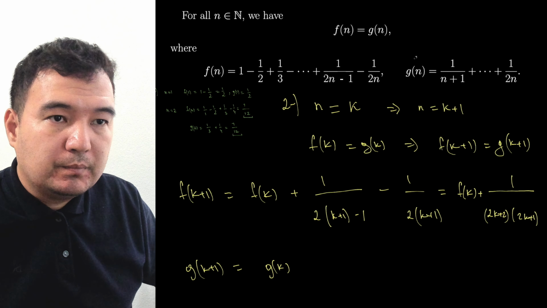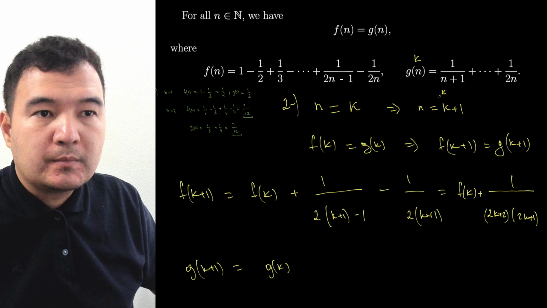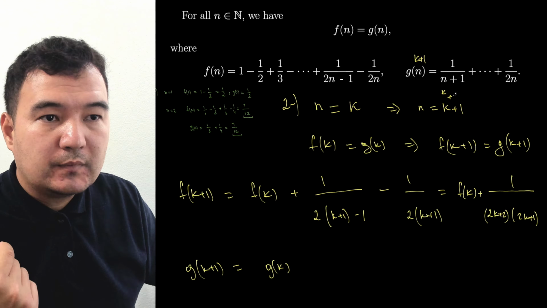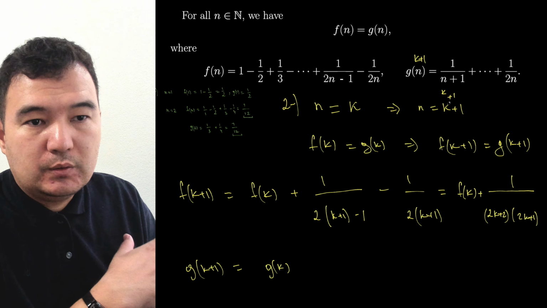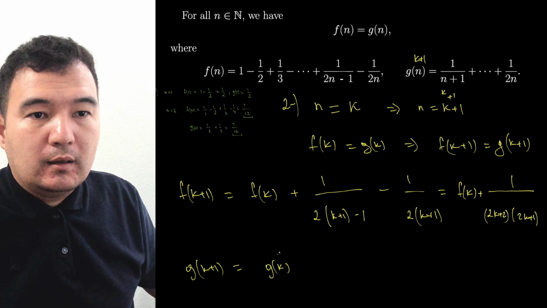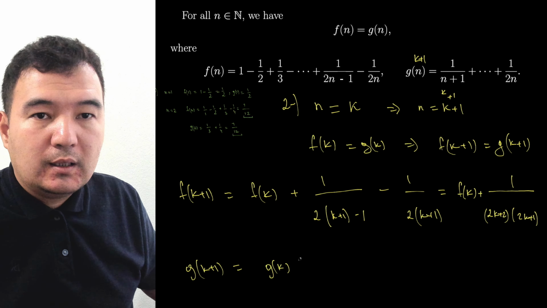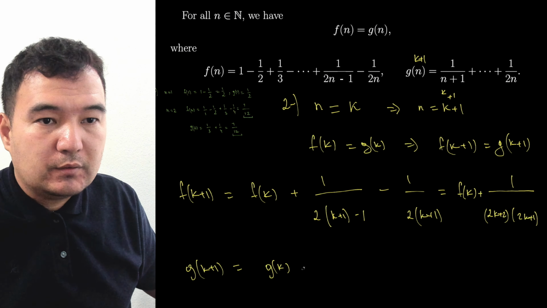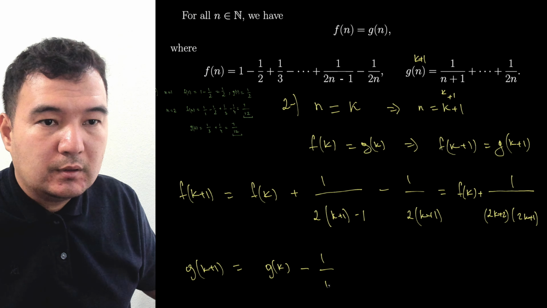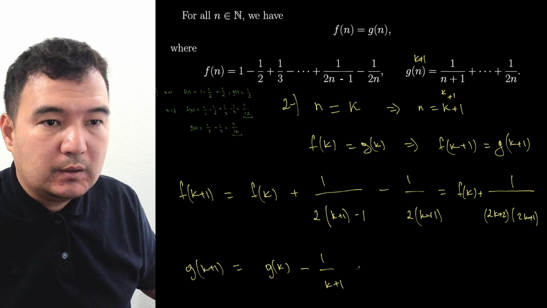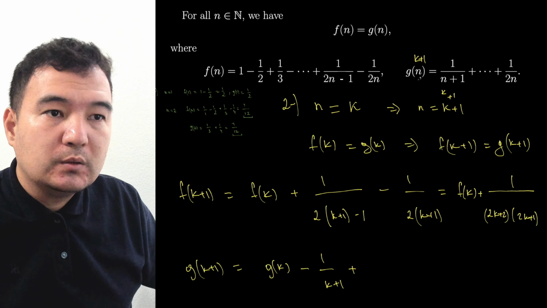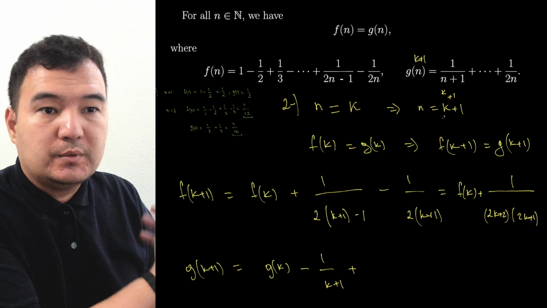If I put k plus 1, it should start with k plus 2. So gk has this extra term, so I have to subtract 1 over k plus 1. And gk plus 1 will have some extra terms at the end.